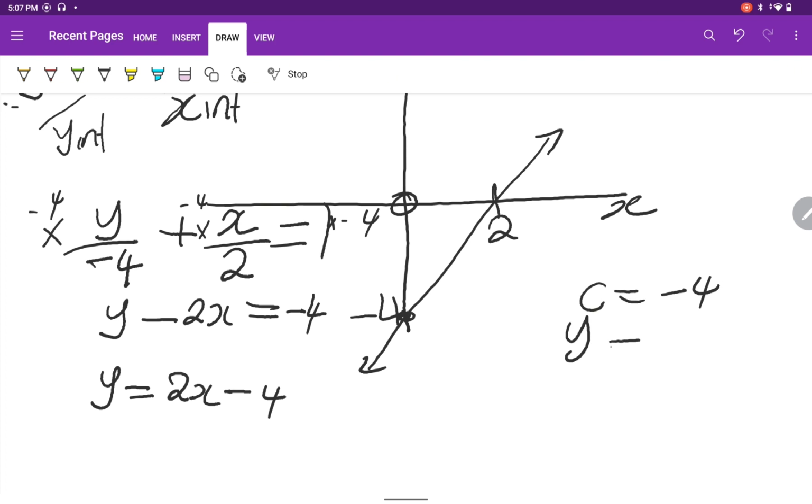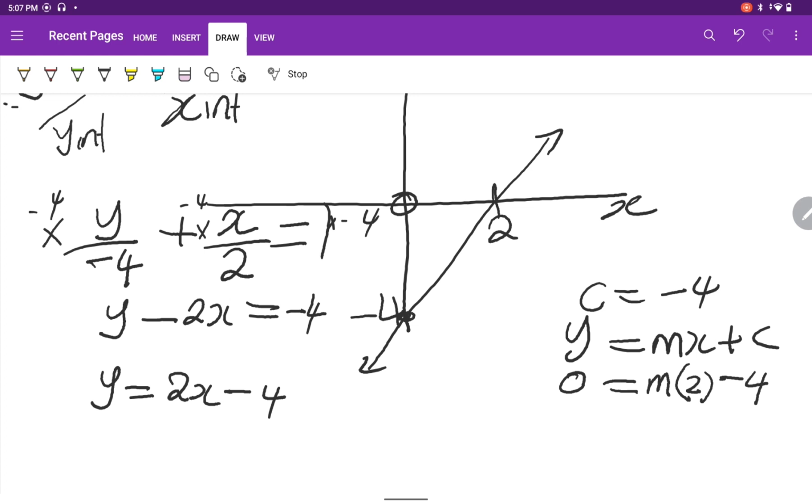So in our equation y equals mx plus c, we can substitute the c, and we can substitute this point here at 2. So the y value there is 0, and we are actually looking for this m, and then the x value is 2, and then the c is negative 4.